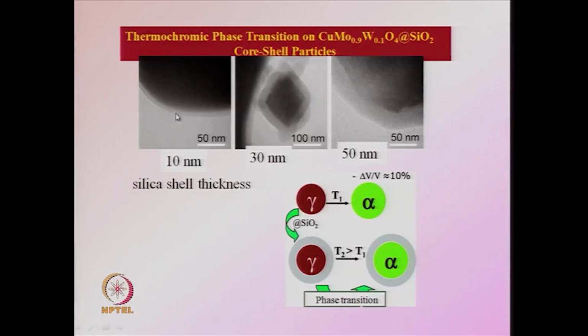So, you can see here it is a thin shell. Inside you have this copper, molybdenum, tungsten oxide, and the silica is the shell, and this is a thin shell of around 10 nanometers. Okay. And you can enhance the thickness, and this is around 30 nanometers here, and you can further enhance to 50 nanometers.